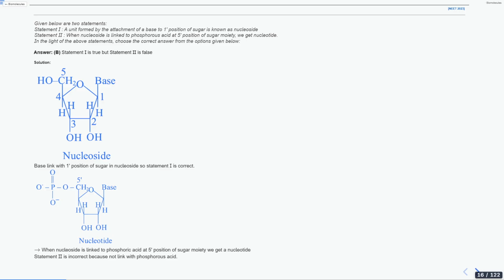Give your views in the chat section. The sugar which is given here, is it a sugar of RNA or a sugar of DNA? Everyone, please tell me. DNA and RNA both have a different kind of pentose sugar. Now you have to identify whether the given sugar is of DNA or of RNA.